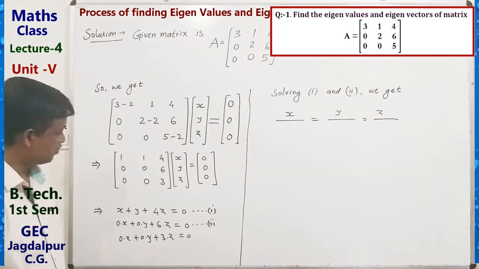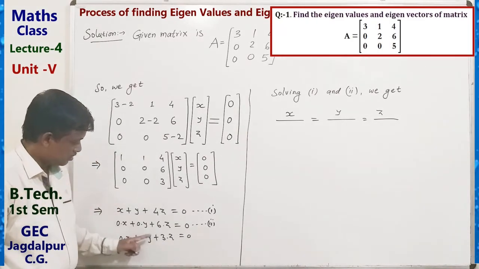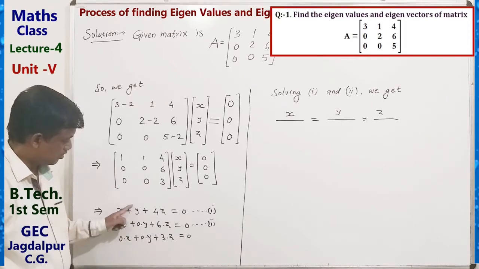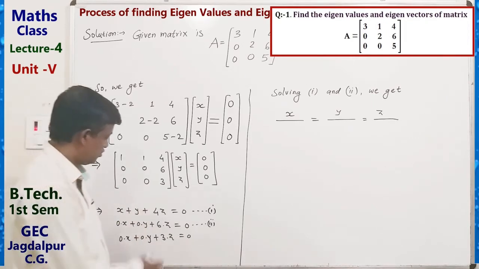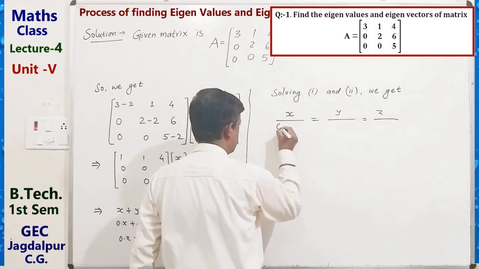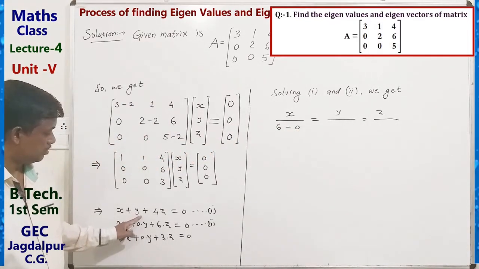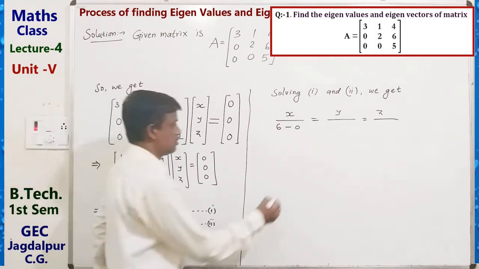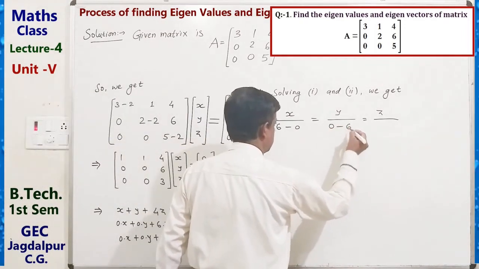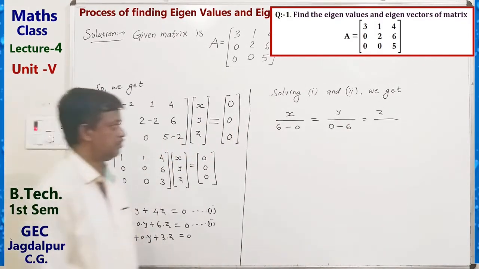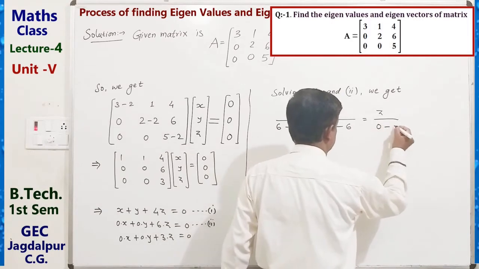What can we write? x upon 0 into 6 minus 0, 1 into 6 minus 0, and y upon 0 minus 6, and z upon 0 minus 0.